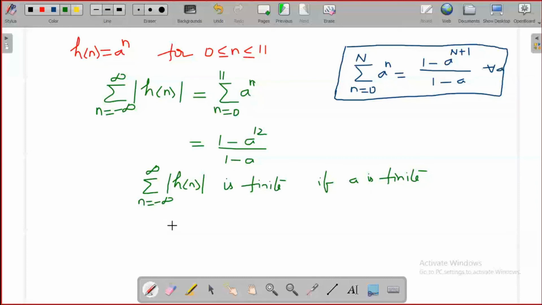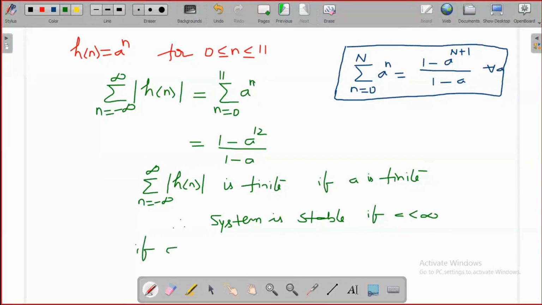Therefore, you can give the conclusion: the system is stable if a is less than infinity, that is, if a is finite. Otherwise the system is unstable.